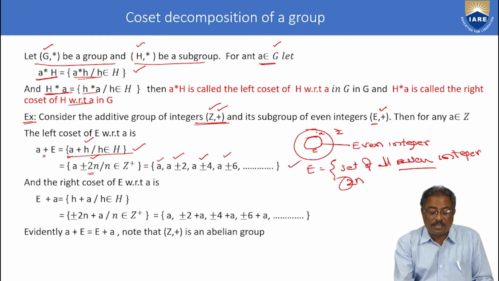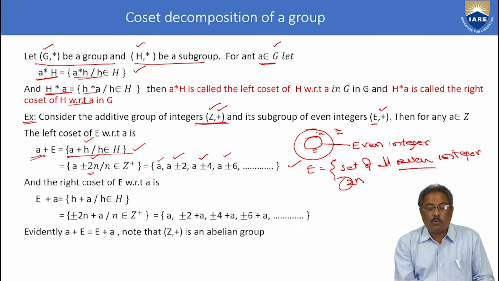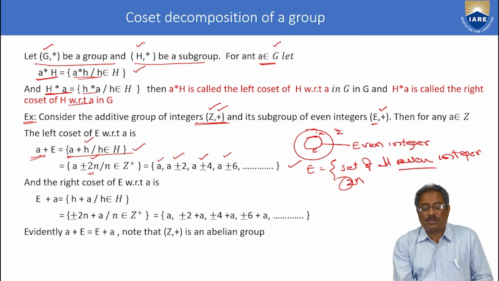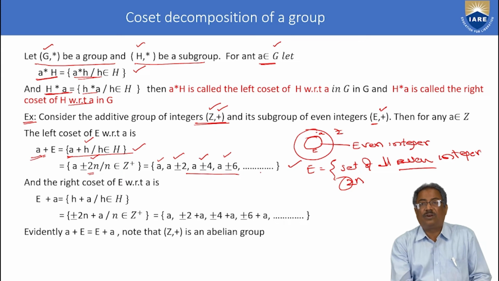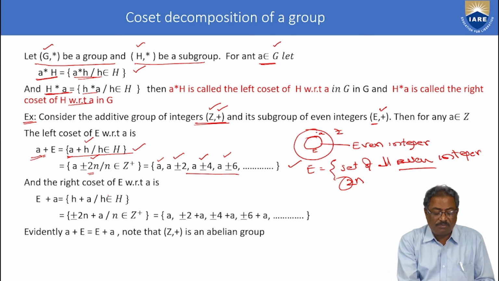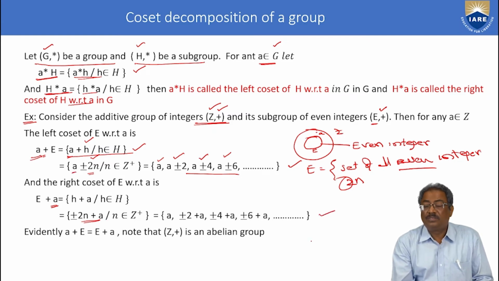So when we apply the operation A before the elements of the subgroup, it is known as a left coset. In the same way, the right coset is nothing but plus or minus 2n plus A, where the element A comes next.